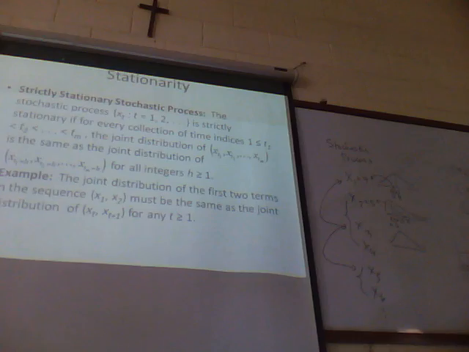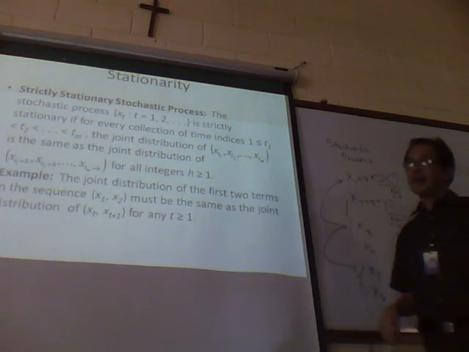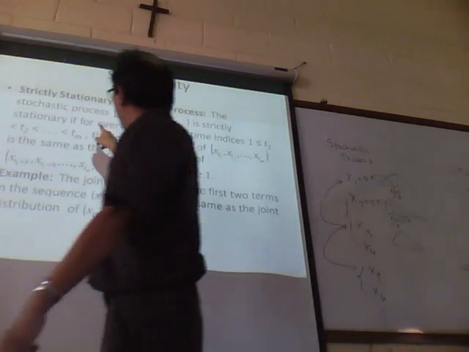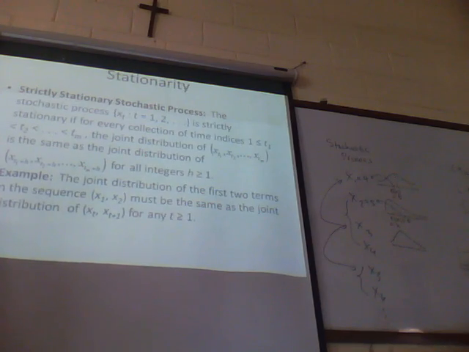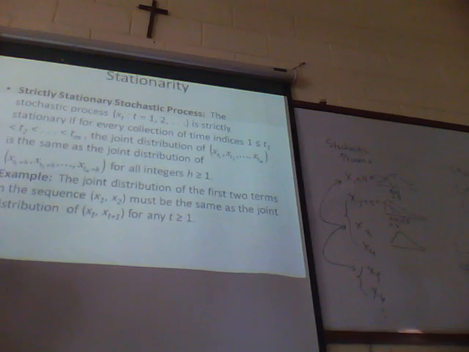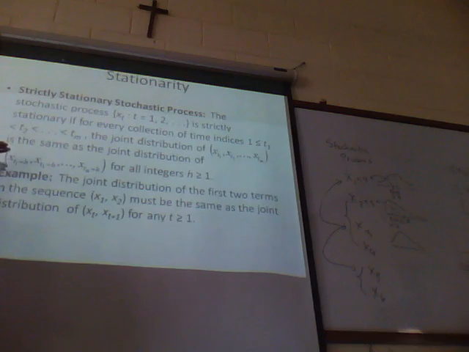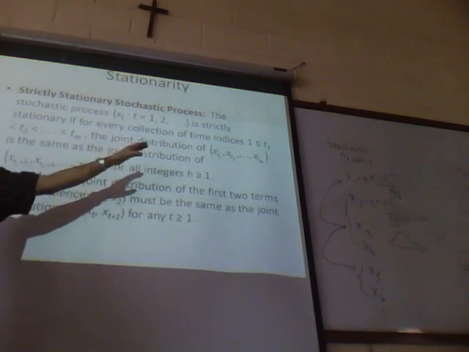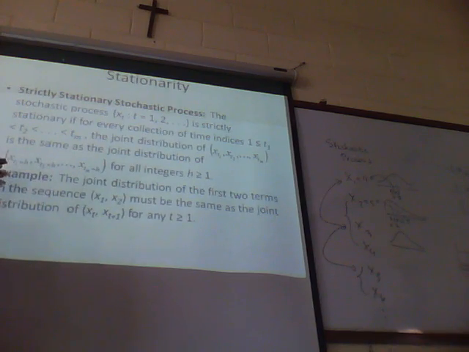Now, reading the definition again, it says we have a strictly stationary stochastic process if for every collection of time indices, the joint distribution will be the same as the joint distribution of the original subset you chose, compared to this, which is shifted h periods into the future.